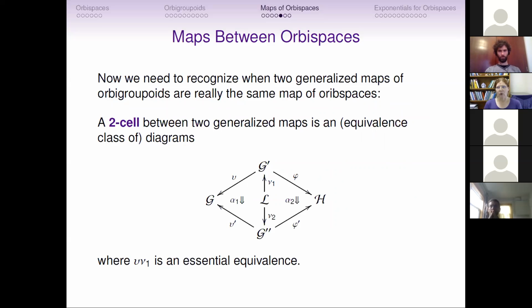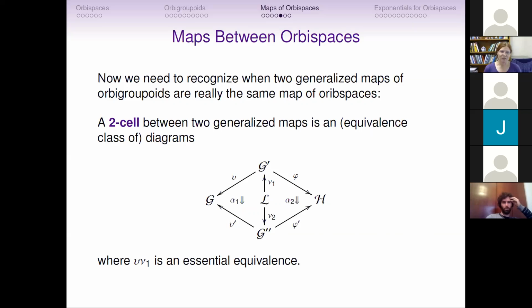Now we have to think, well, when are two of these different generalized maps actually going to represent the same orbifold map? This is where we start getting into these bicategories. So this is a two-cell between two generalized maps. On the top, you can see the span going from G, replaced with G prime, and going over to H by a phi. And on the bottom, take G replaced by a different G double prime, and go over by phi prime.